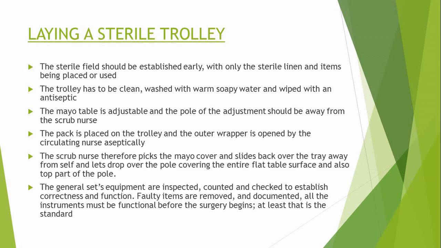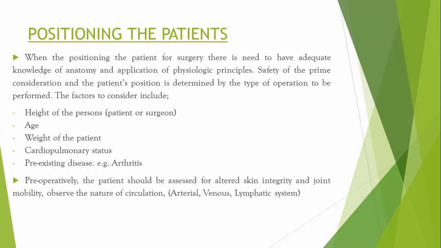Positioning patients. While positioning the patient for surgery, there is need to have adequate knowledge of anatomy and application of physiologic principles. Some of the factors you consider before you position patients are the height of the surgeon, the height of the patient, age, weight of the patient, cardiopulmonary status, and pre-existing diseases.